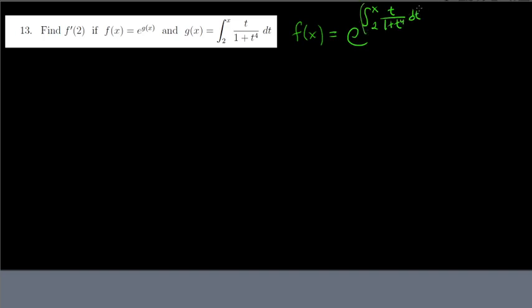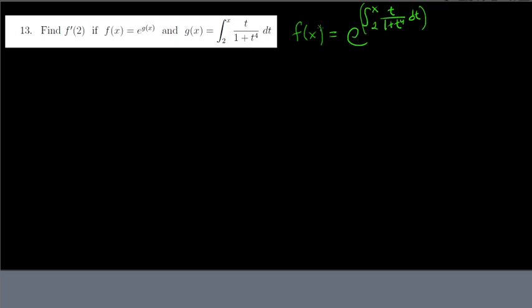This might seem a little unusual to have an integral as the exponent, but if you're going on to higher calculus, calculus 2, and certainly in differential equations, I would say get used to it because this is not an uncommon thing to do.